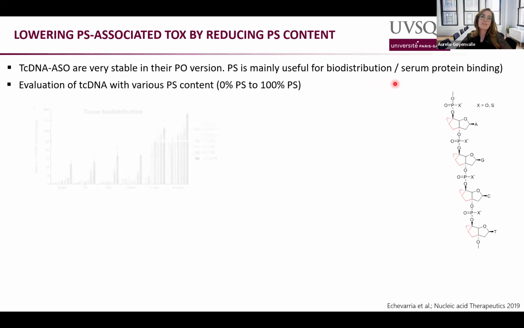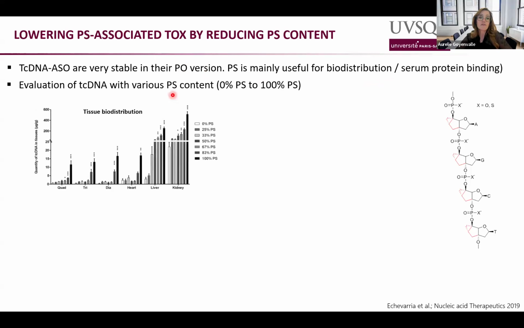So we evaluated lots of different tricyclos, always the same sequence targeting exon 23, having them from 0 PS linkage to 100% PS linkage. So this is a full phosphodiester, and this is a full phosphorothioate.